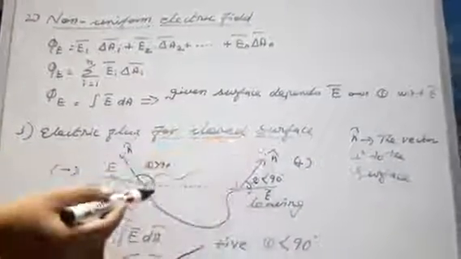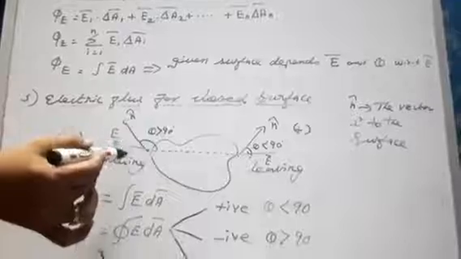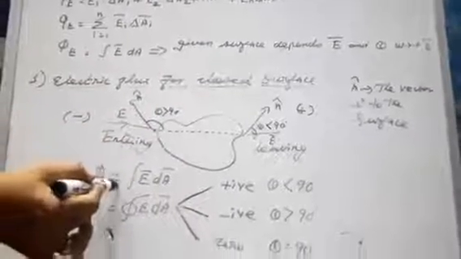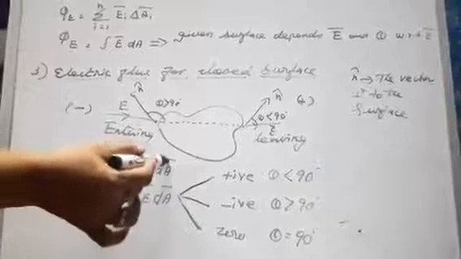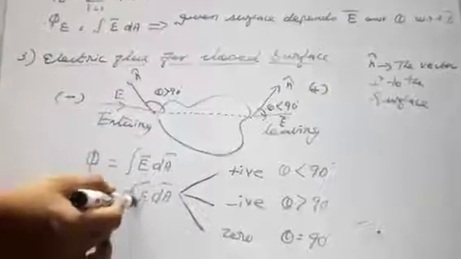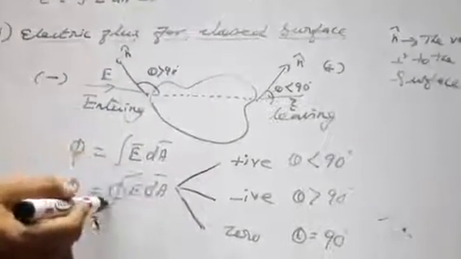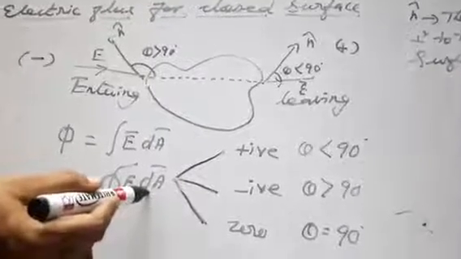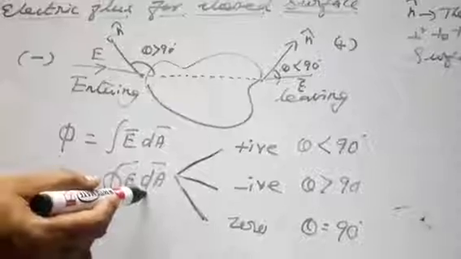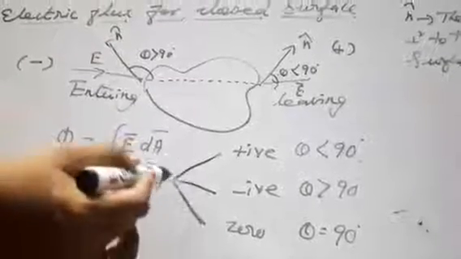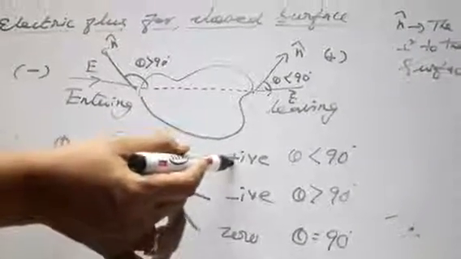The general formula for electric flux phi is the integral of E vector dot dA vector, but it is a closed surface. Therefore, we write phi equals the closed surface integral of E vector dot dA vector. Here there are three values of the flux: one is positive, another negative, and the third is zero. When theta is less than 90, the flux is positive. If theta is greater than 90, the flux is negative.